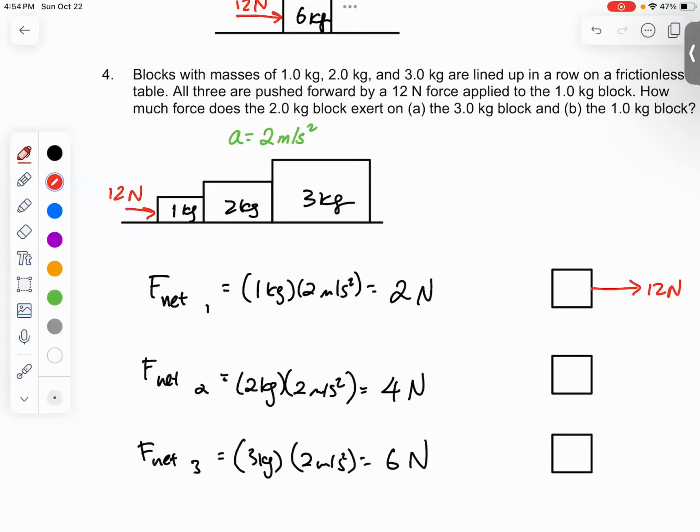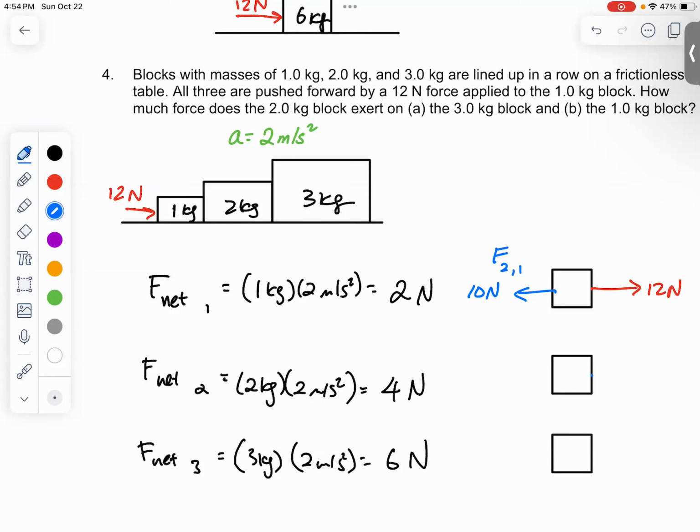That means there must be a force going in which direction? To the left. And what's the magnitude of that force? 10. What is this force? Not friction. This is the force of block number 2 pushing back on block number 1, the action-reaction pair.